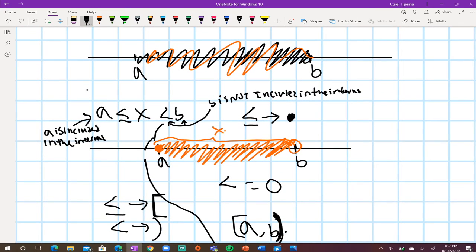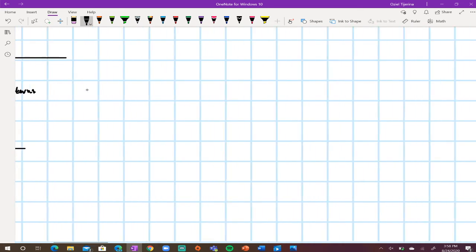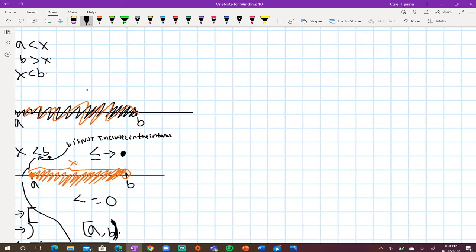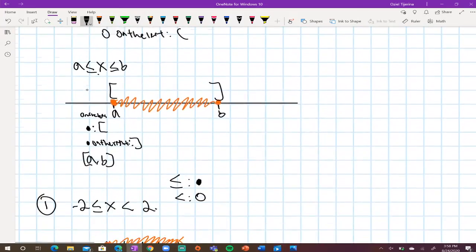Because infinity goes on forever. We can't say that we're just going to include infinity, because infinity is very general. It's like all real numbers, okay? And for negative infinity, it's all the negative numbers, okay?